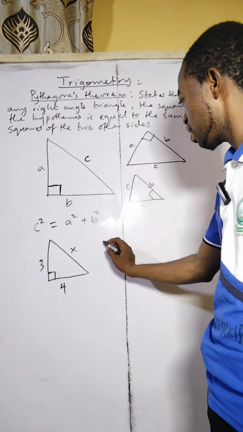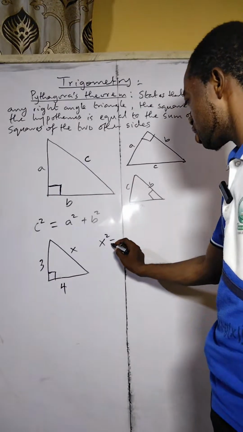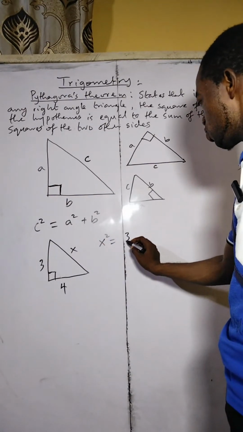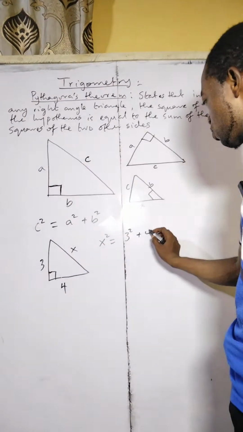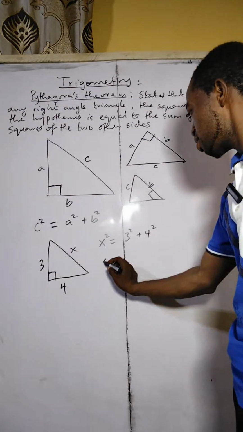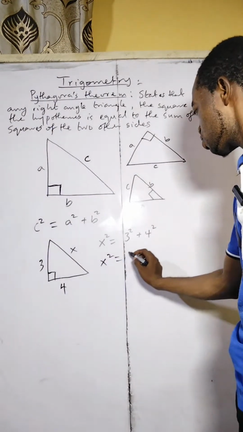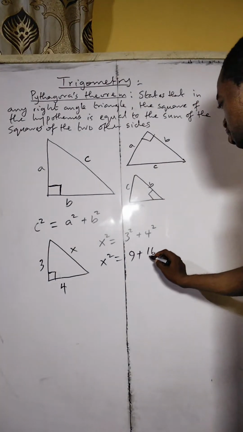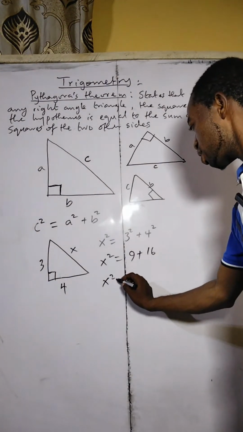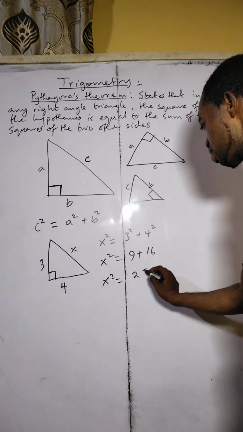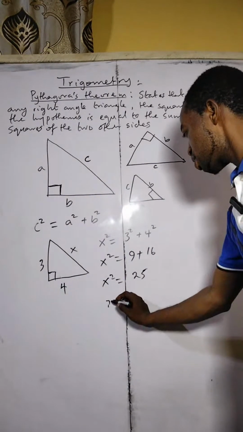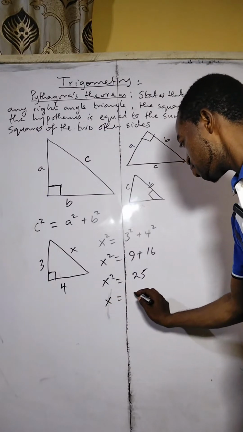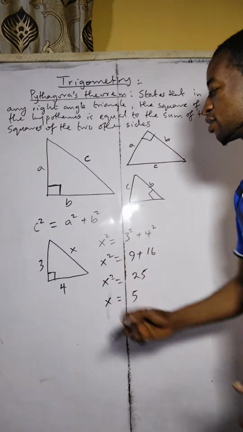So the hypotenuse squared equals the sum of the squares of the other sides. That means x squared equals 3 squared, that's 9, plus 4 squared, that's 16. That gives us x squared equals 25. Taking the square root on both sides, x is 5.